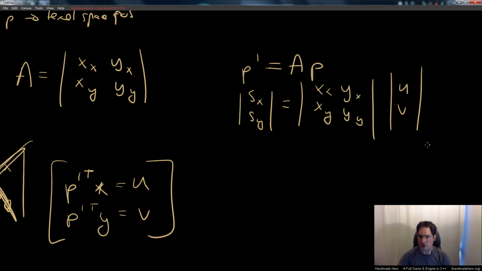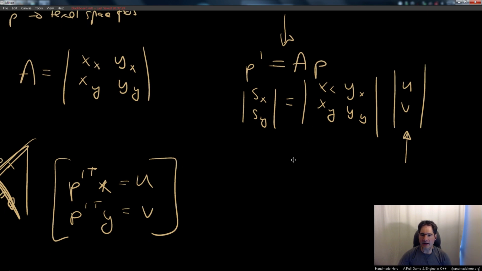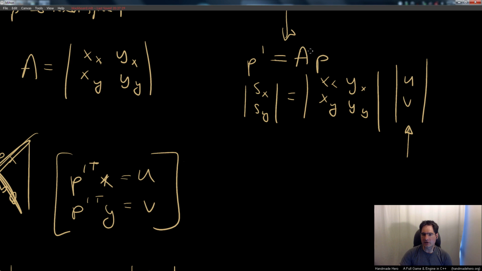What I want to do is get the U and the V, right? That's what we need to look up into the texture. But I only have the SX and the SY, right? So effectively what I have to do is solve this equation for P in order to actually produce the UVs that I want. So what that involves is multiplying by the inverse of this A matrix, right?